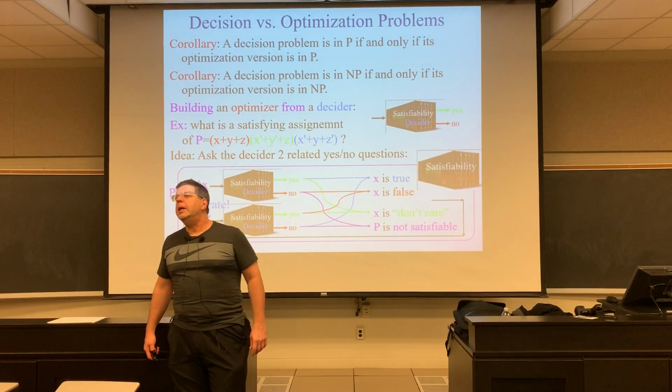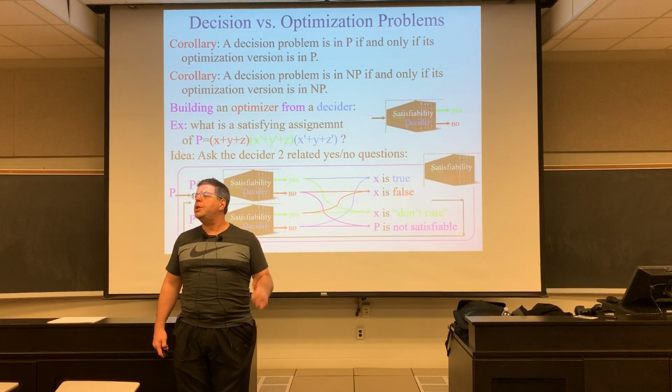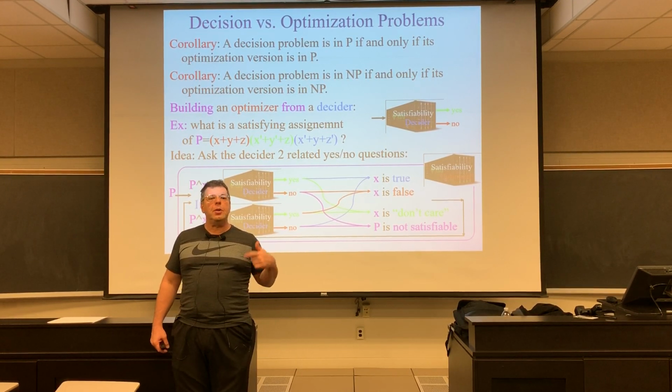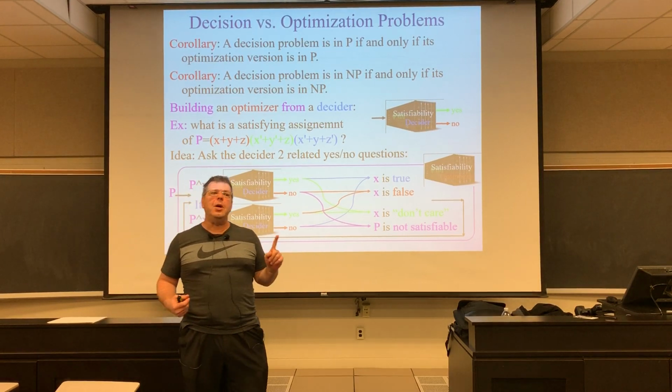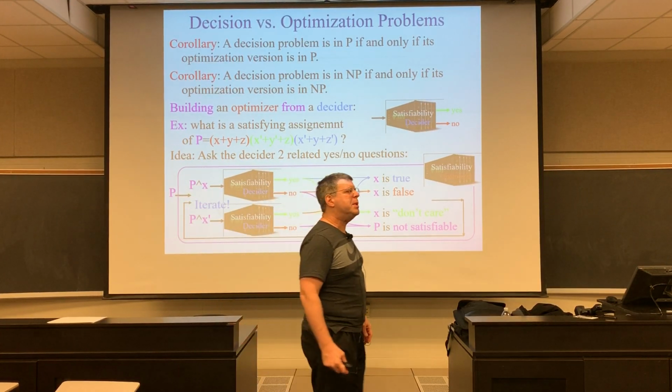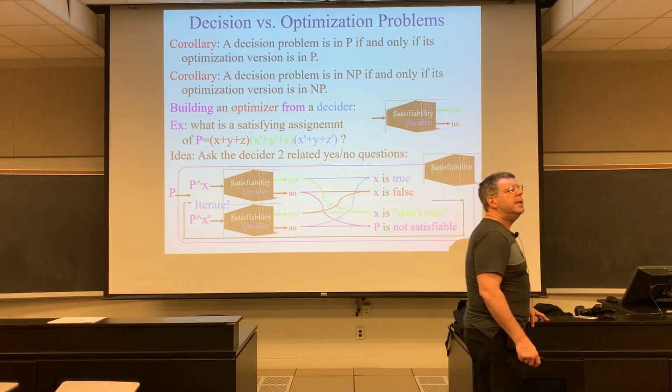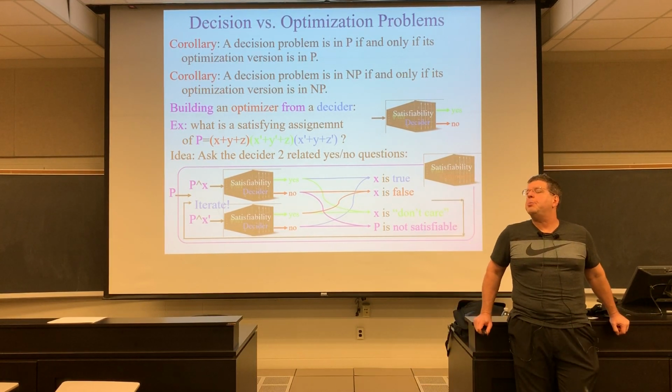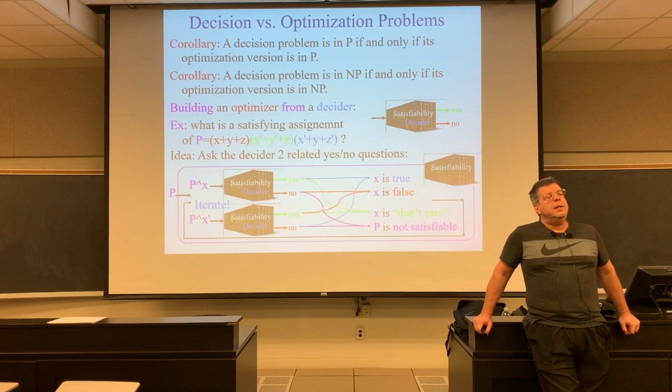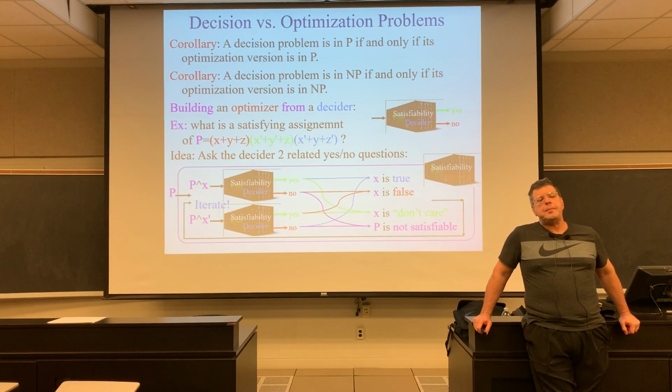So in real life, when do you run into this situation? A decider just gives you yes, no answers. But here we squeezed the actual solution out of it, not the yes, no, the actual long solution, all the assignments of all the variables that make the satisfiability happen for this formula. So you're playing this game with a decider by calling it over and over and over again.